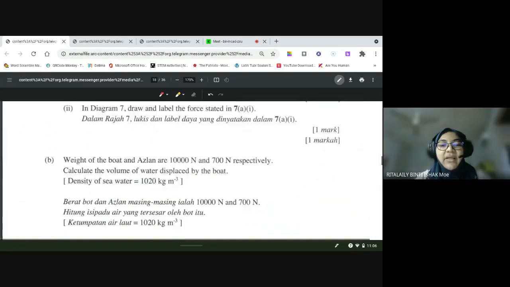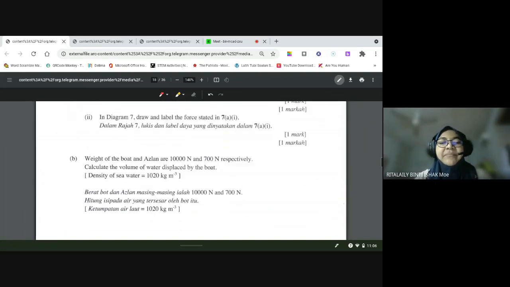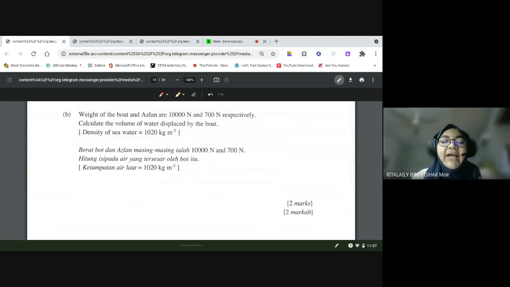Okay, ni calculation. Weight of boat and Azlan are 10,000 Newton and 700 Newton respectively. Okay, 70 kg Azlan tu taklah berat sangat. Calculate the volume of water displaced by the boat. Macam mana? Sama-sama.